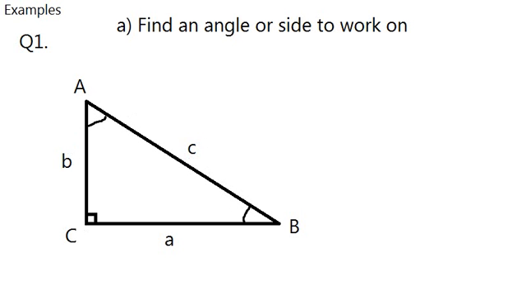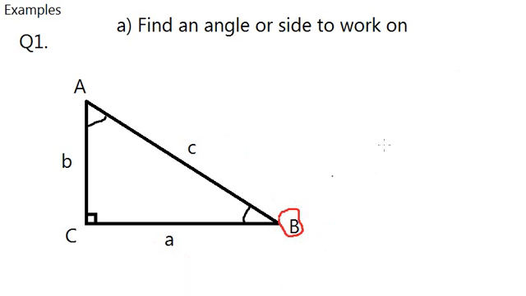For example, if I wish to find the angle B, then I would select B. So we've got angle B as the one that we have selected.